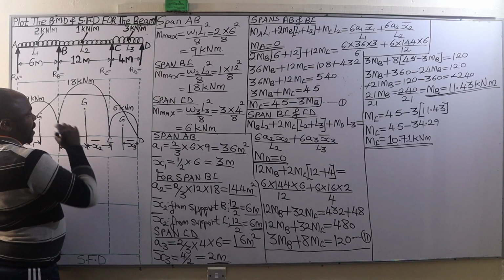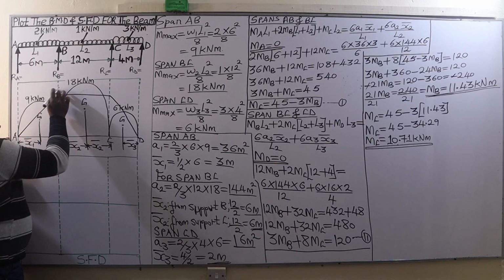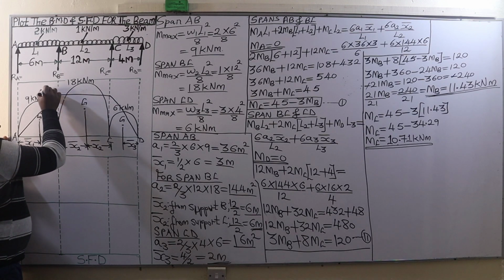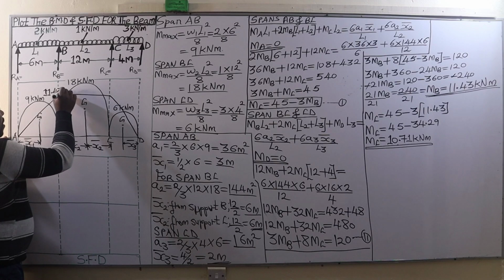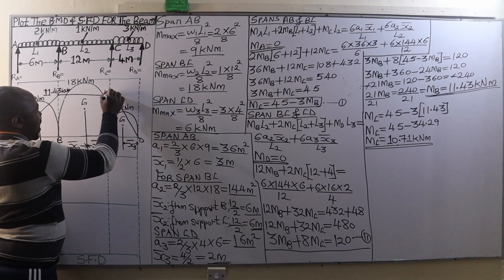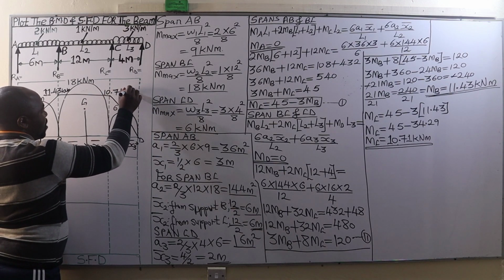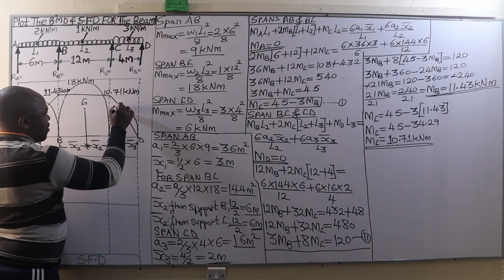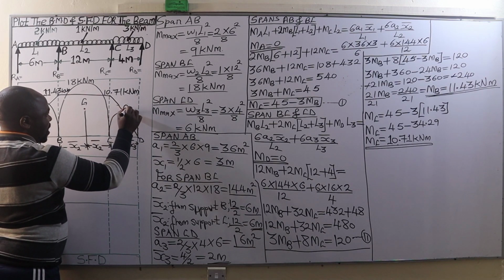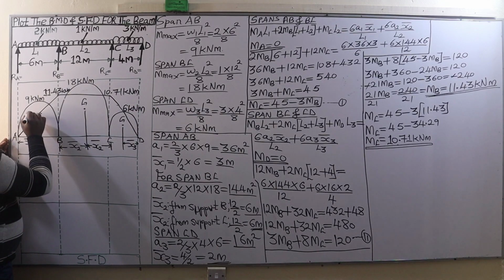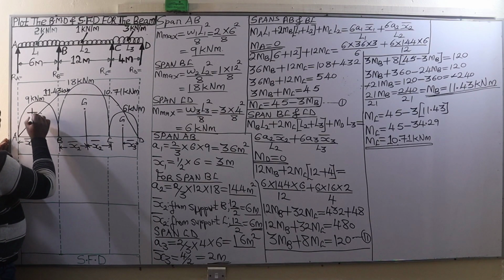D. So we are going to write here the bending moment at B, 11.43 kilonewton meter. Then here we have 10.71 kilonewton meter. Good. So this is a positive bending moment.